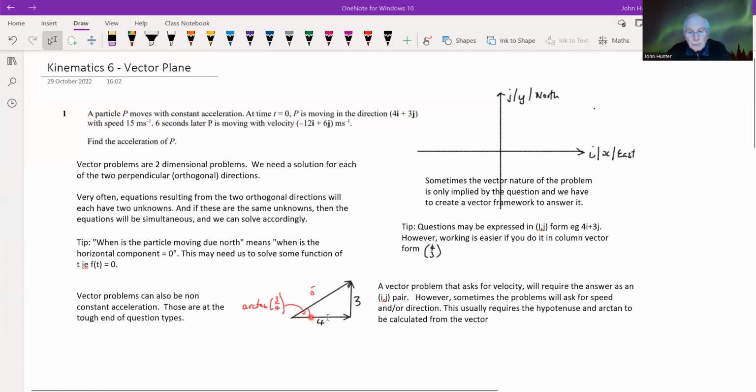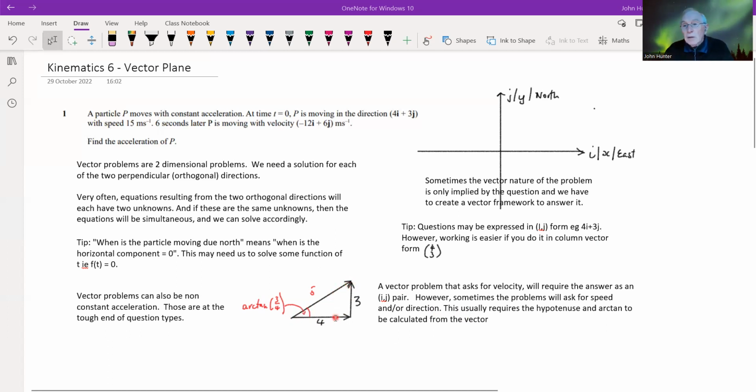In this example, for instance, if we did have a velocity 4 horizontally and 3 vertically, then thinking about this triangle of velocities, the hypotenuse would be 5, so that would be the speed.